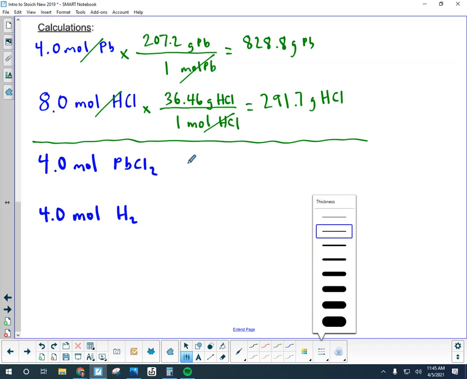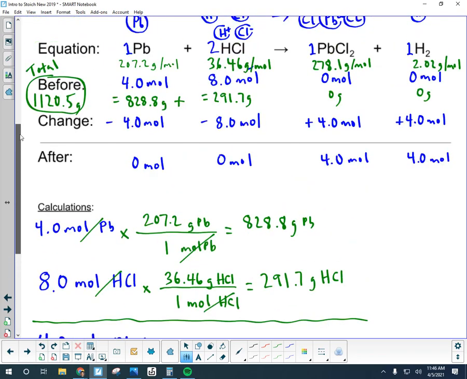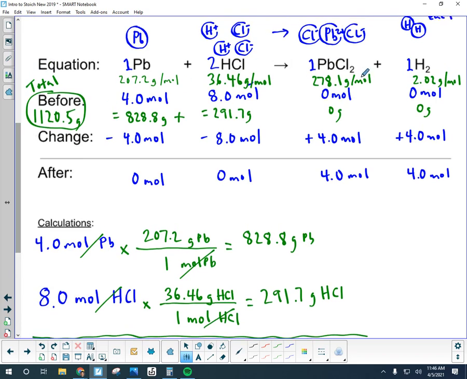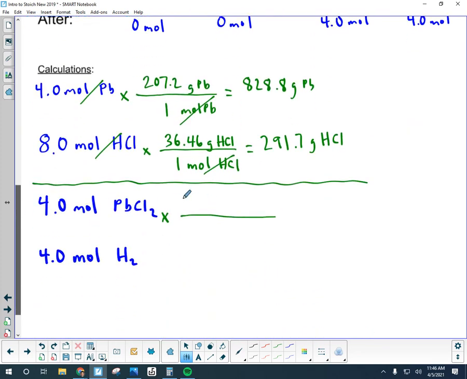So same idea. I'm really just multiplying by the molar mass, the grams in 1 mole. So if I want to show cancellation of units, I can do that. Go back and look at the molar masses that I added up. 278.1 grams per mole for PbCl2. That is the mass in 1 mole.